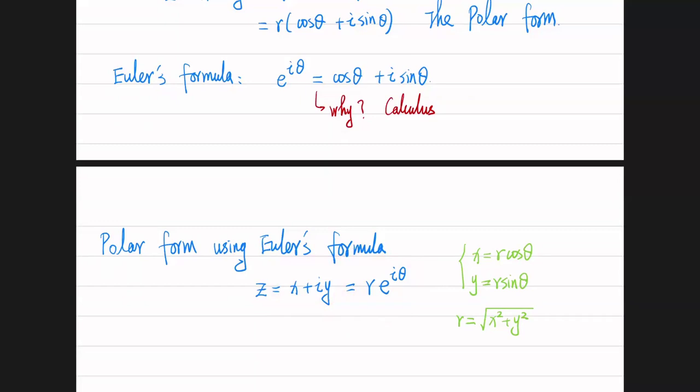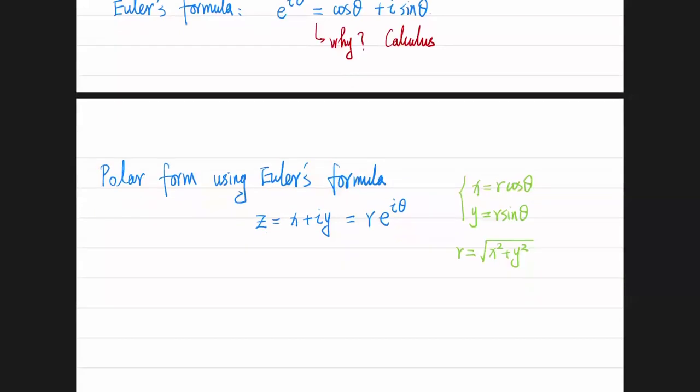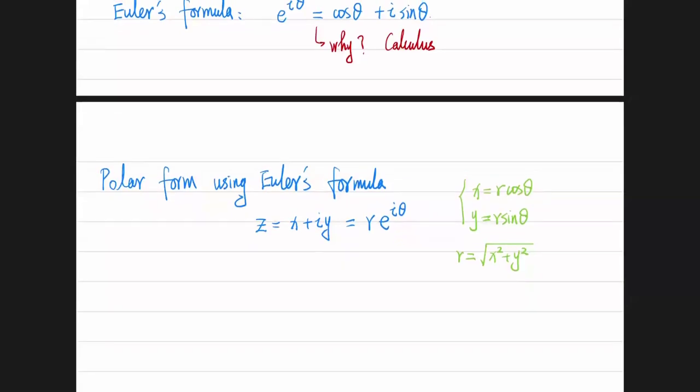This looks very natural, but we should be very careful. This is the first time we are dealing with a complex, maybe imaginary, exponent. So be careful in dealing with it.